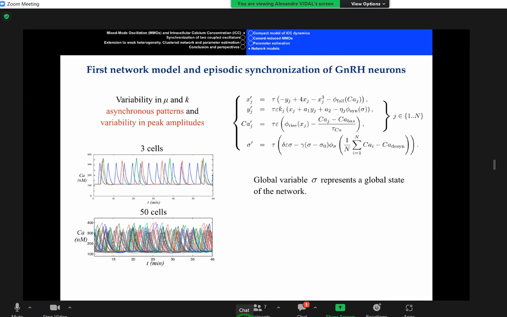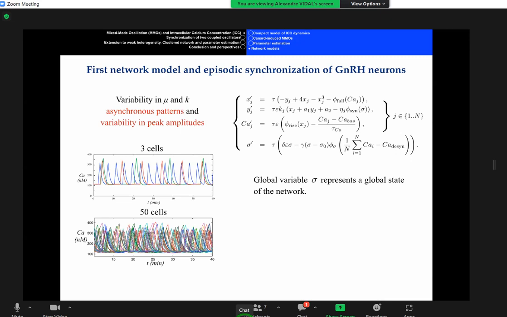Then we are able to reproduce this, but we introduce a global variable that is representative of the global state of the network. Meaning that, in fact, since GNRH is secreted by GNRH neurons, sigma represents the concentration of GNRH close to the network.